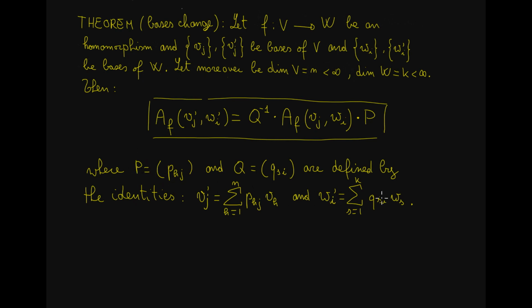And the same holds for the matrix Q. So both P and Q are constructed column-wise, solving these systems of linear equations, expressing Vj prime in function of the old basis and expressing Wi prime in function of the old basis of the codomain. P and Q, I repeat, they are constructed column-wise.